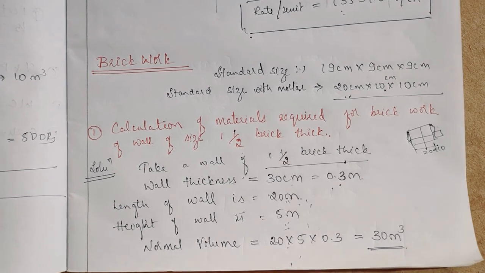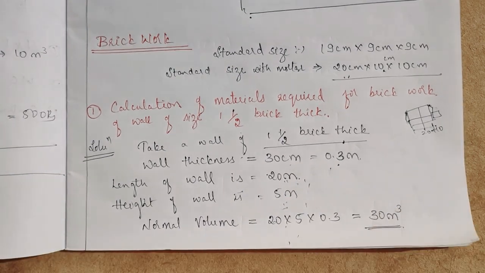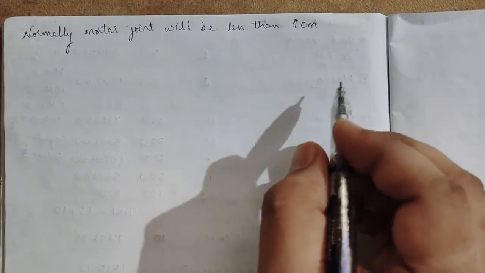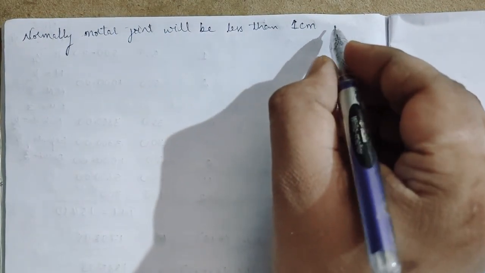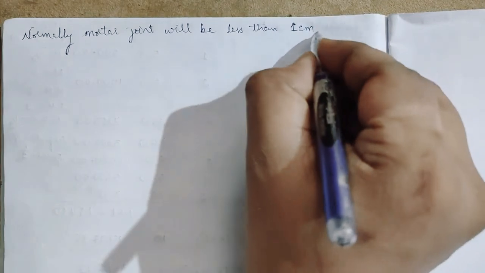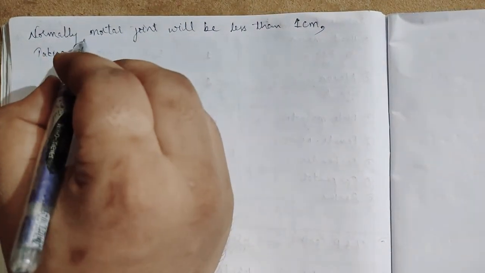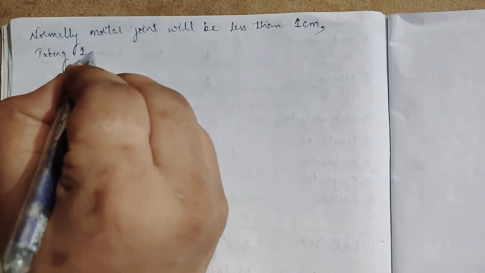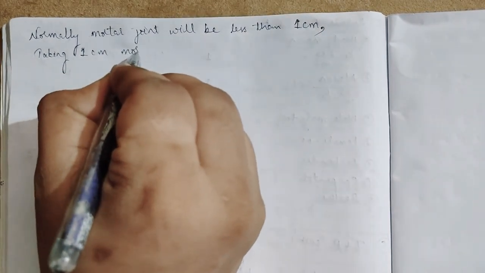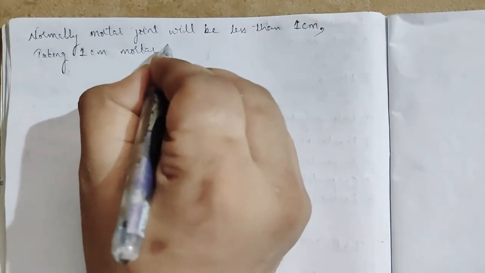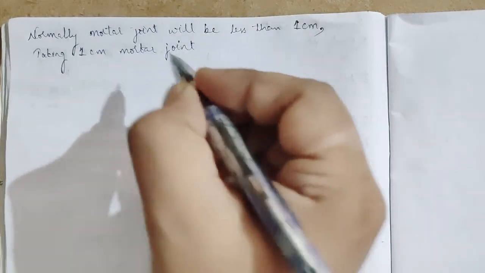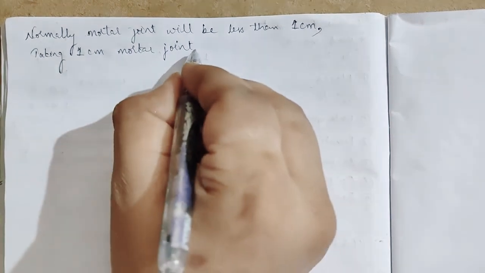Okay, I'll go to the next page. So we got the volume, right? Normally the mortar joint will be less than 1 centimeter, but here I am taking 1 centimeter as the mortar joint.